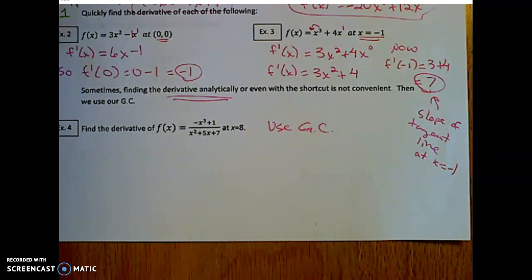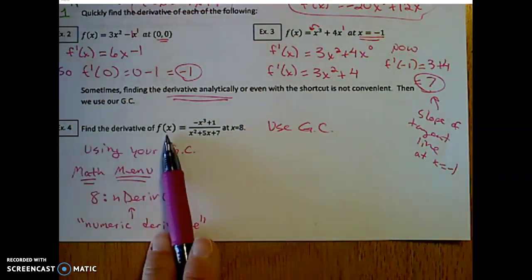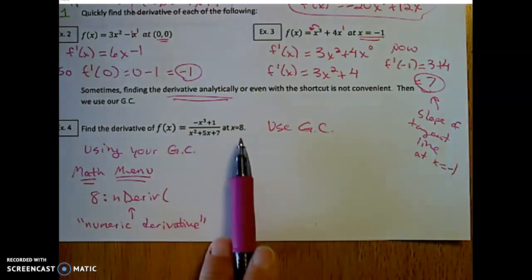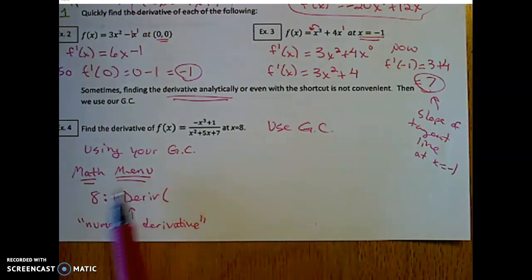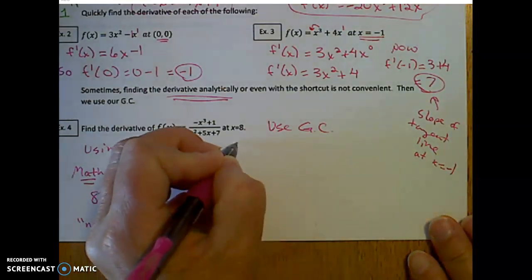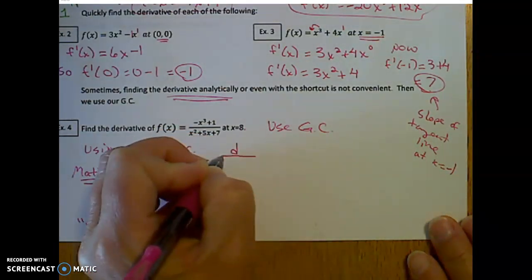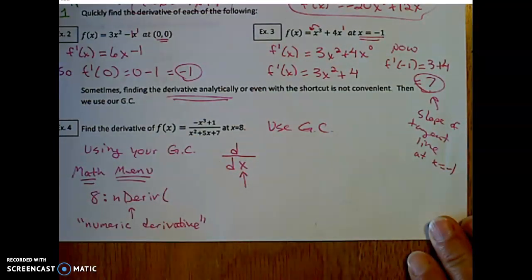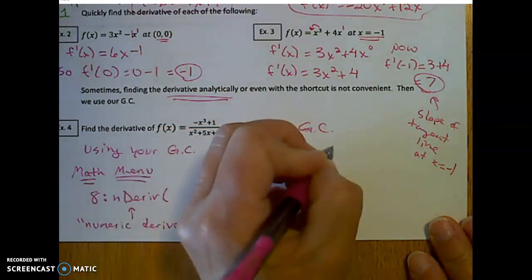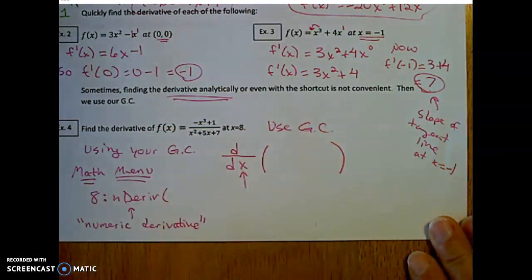Okay, so pause and grab your graphing calculator. Find the derivative of this function, the slope of the tangent line at x equals 8. Go to the Math menu, choose option 8, and derive. It's called a numeric derivative. Hit that on your home screen, and let's fill in the blanks. This is the derivative with respect to x, of, your calculator is asking you for a function.